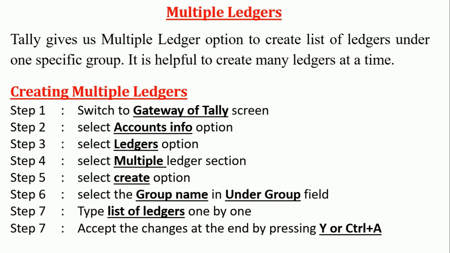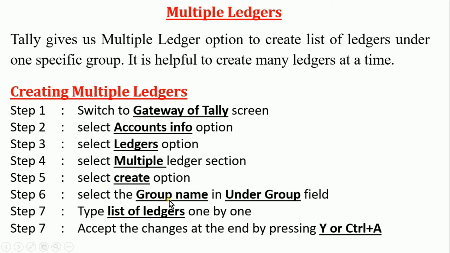And the stepwise method is: step 1, switch to Gateway of Tally screen. Step 2, select Accounts Info option. Step 3, select Ledgers option. Step 4, select Multiple Ledger section. Then step 5, select Create option.